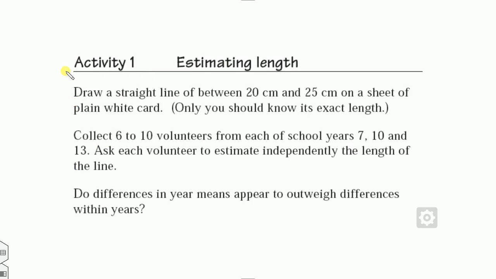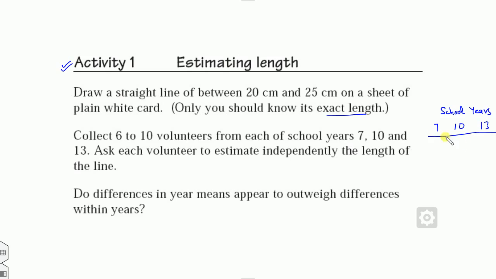Let us look at activity 1. Draw a straight line between 20 centimeters and 25 centimeters on a sheet of plain white card. Since you are drawing the line, only you know the exact length. You can collect 6 to 10 volunteers from each of the school years 7, 10 and 13, and ask each volunteer to independently estimate the length of the line. So you have the school years 7, 10 and 13.